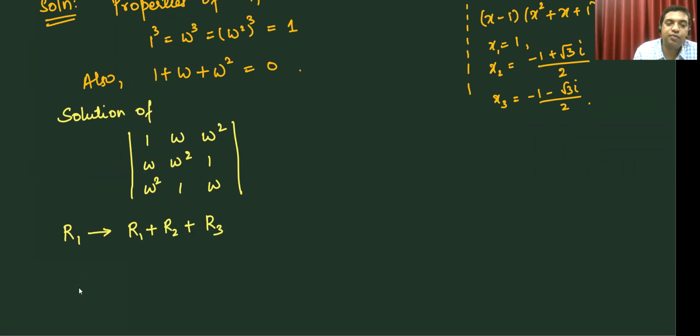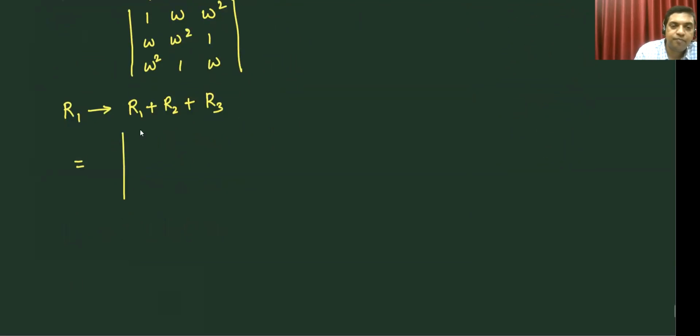When I do that way, I get 1 plus omega plus omega square, omega square plus 1 plus omega, same, omega square plus 1 plus omega.